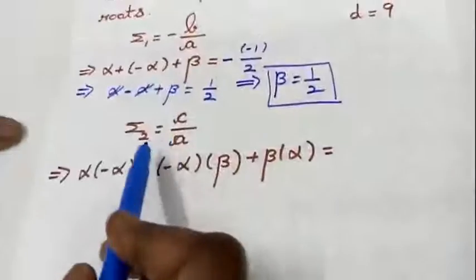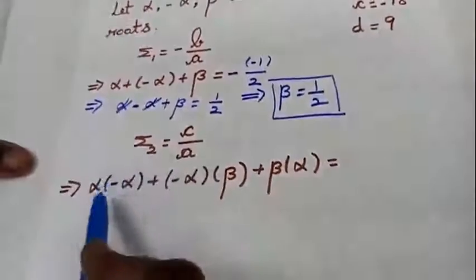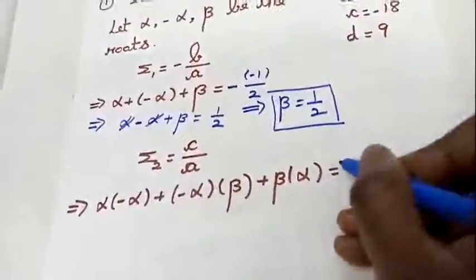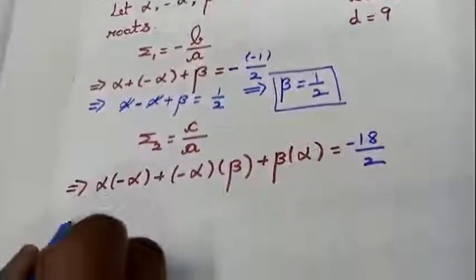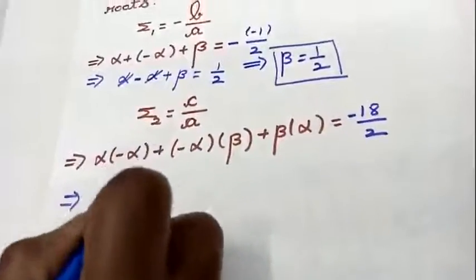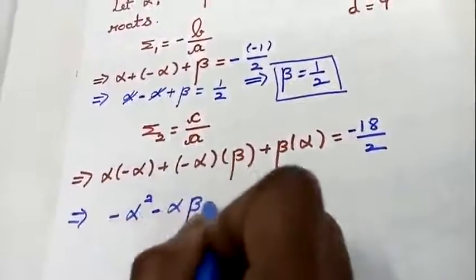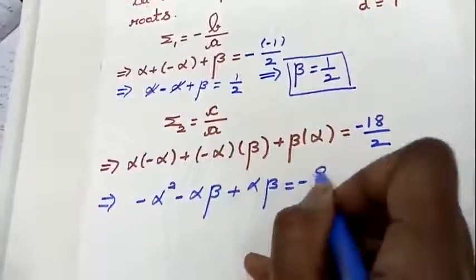Coming to the next one, summation 2 equals c by a. Two means you are going to pair the roots in this way, equal to c by a. The value for c is minus 18 divided by 2. We calculate: minus alpha square minus alpha beta plus alpha beta equals minus 9.